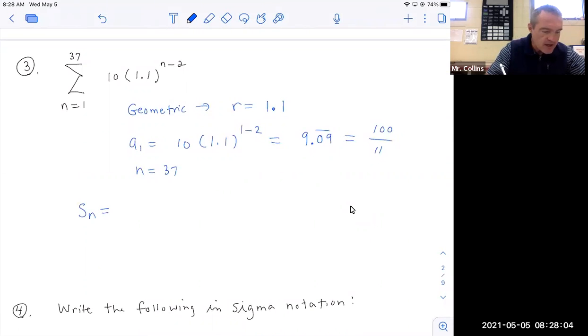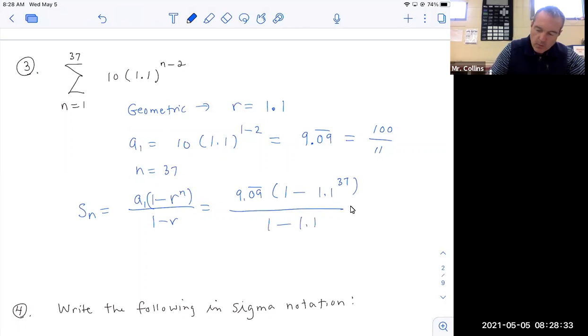All right, here's the formula. Hopefully you've memorized it for a geometric. It's the first term times 1 minus r to the nth over 1 minus r. So the first term is that 9.09 repeating. Again, use either 100 over 11, or put in 9.09090909, carry a bunch of those 09s for accuracy. 1 minus 1.1 to the 37th over 1 minus 1.1.